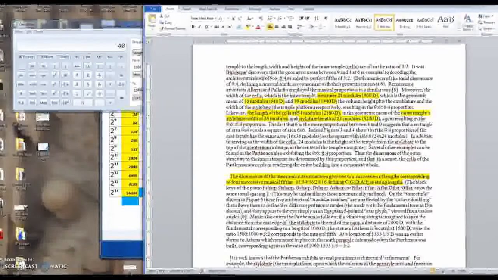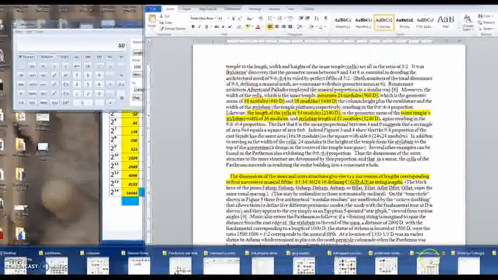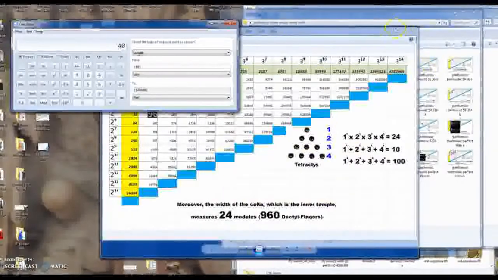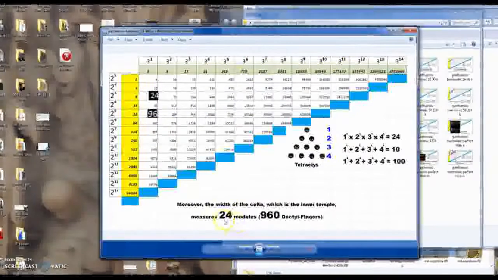They're built at specific measurements which will deliver us very specific integers, whole numbers. Okay, so begin here with 24 modules or 96 dactyls, which connects to two fingers. So here we see the chart, 24 and 96.